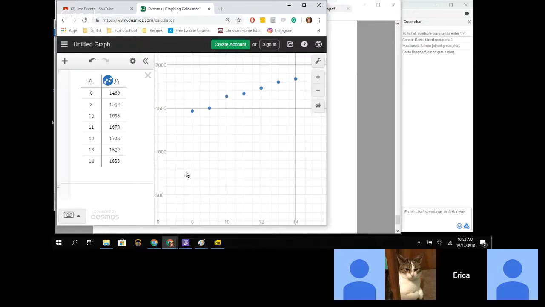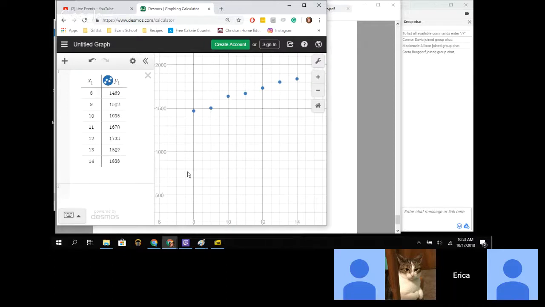There we go. There's my data. So what do you think this looks like? It's kind of hard to tell, but actually in part B, they say, use the regression feature of a graphing utility to find a quadratic model of this data.